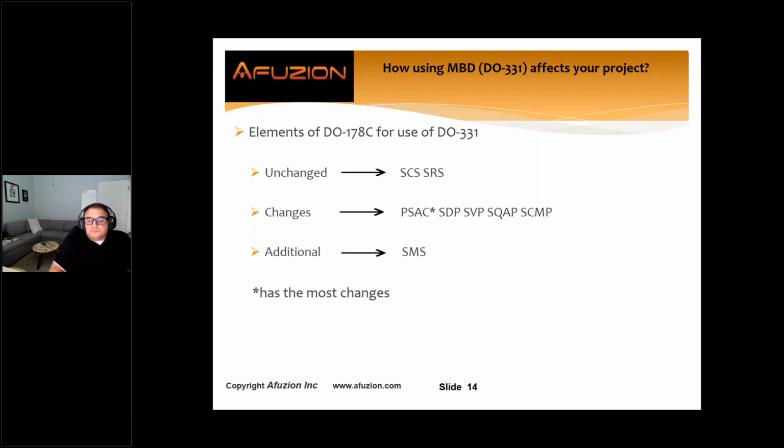Those items will have some differences in them related to DO-331. And there's one additional one, which we've already talked about. The software modeling standard will be a new document that will have to go into your design. But your software code standard and your software requirement standard will remain unchanged.